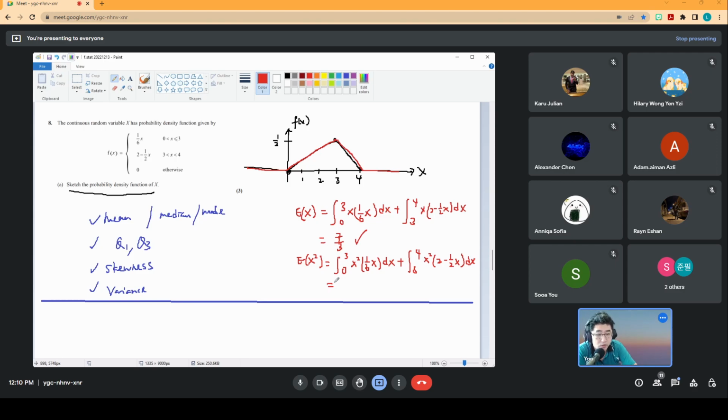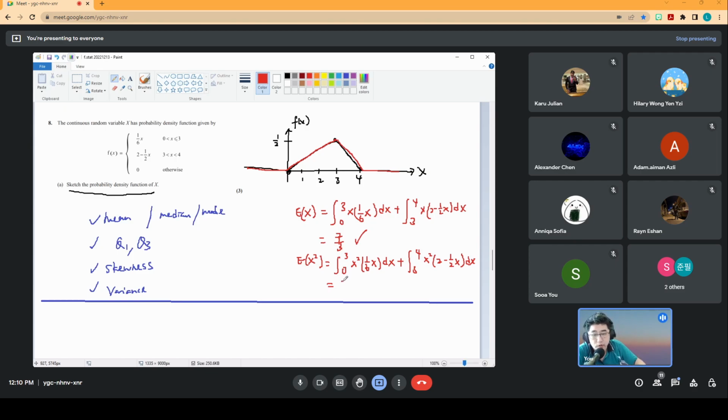So 6, 0 to 3, plus integration of 2x squared minus 0.5x cubed from 3 to 4.